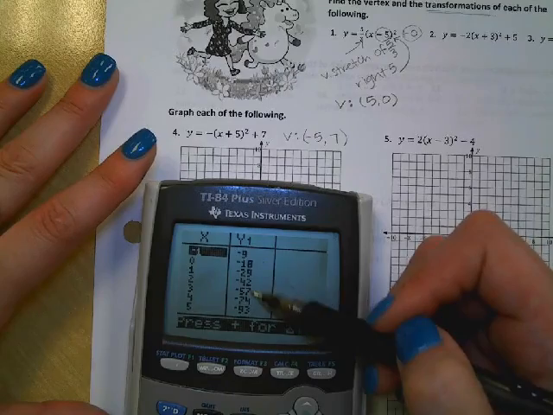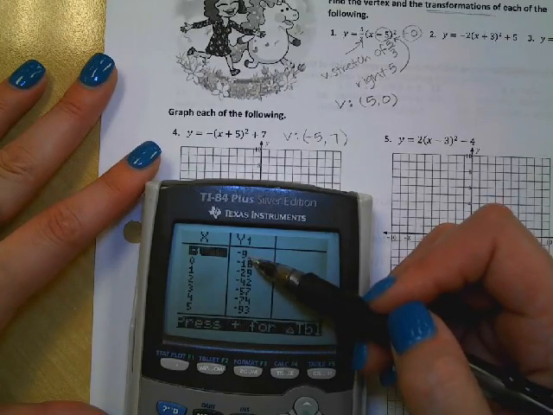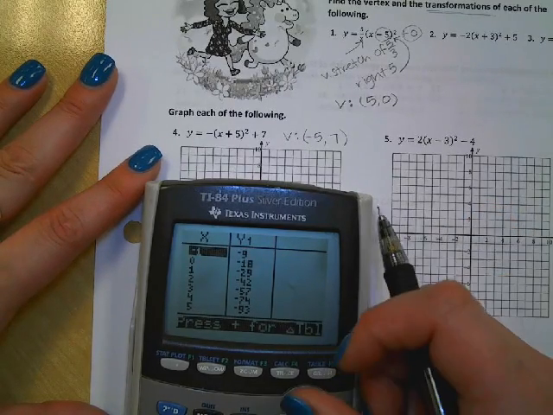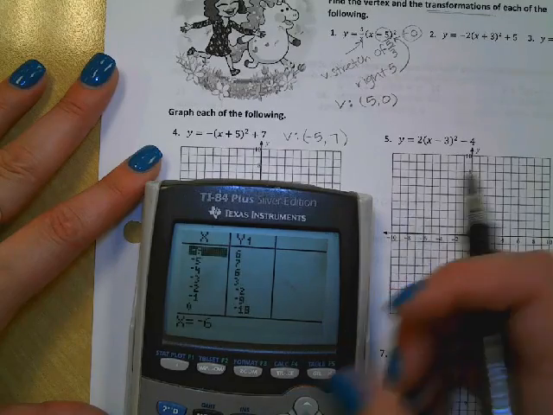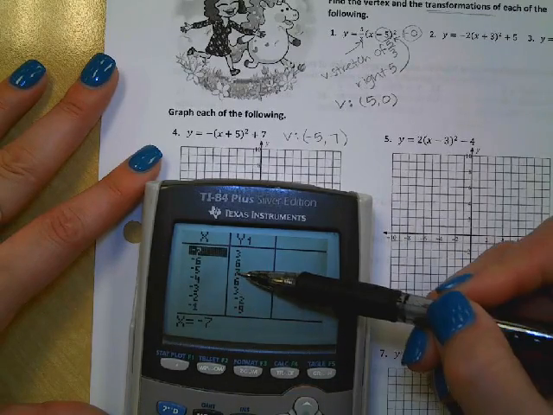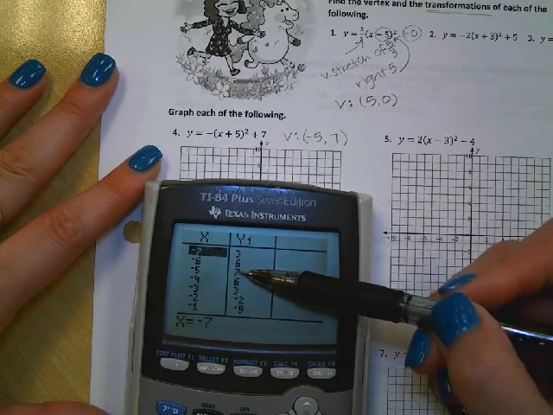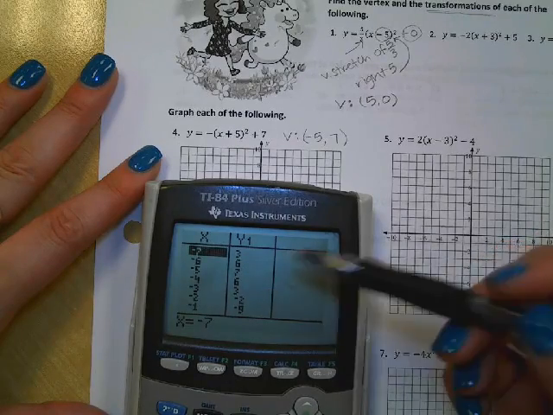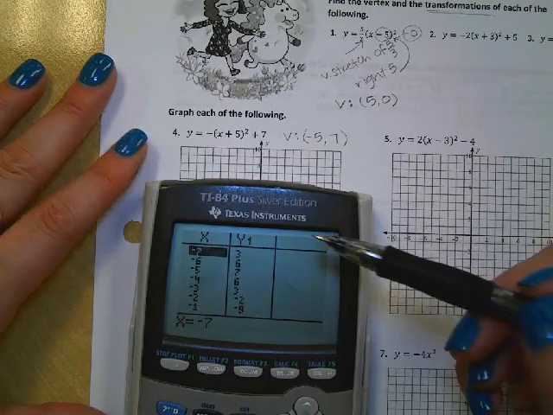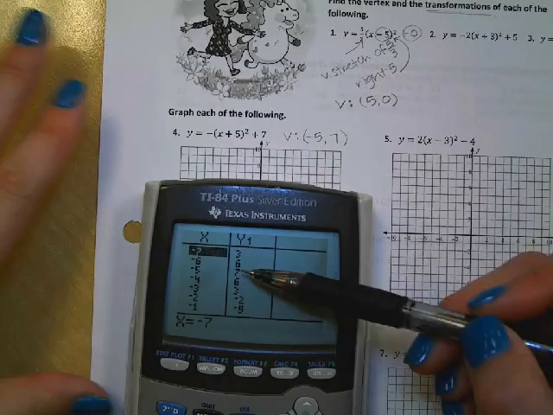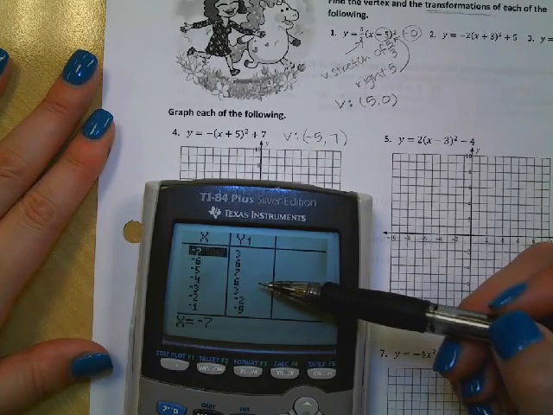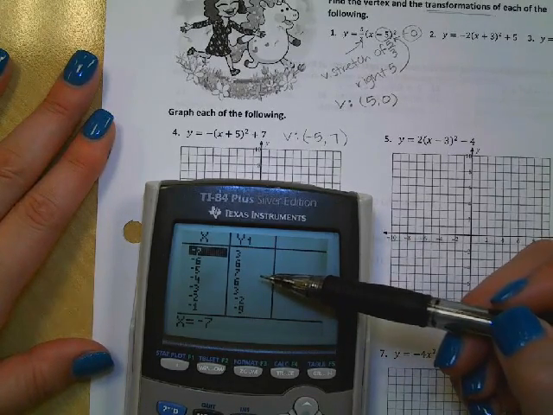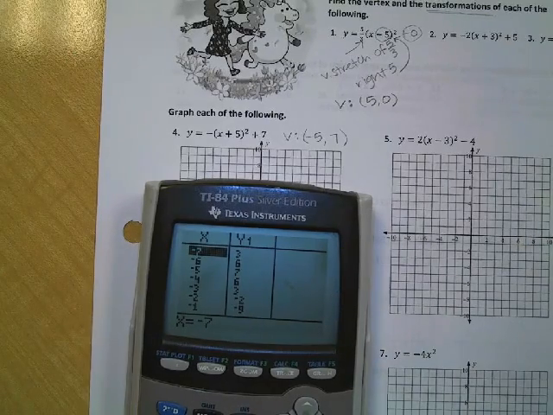I'm finding all these really terrible values to graph that are way too small, way too negative. But if I go back and look at -5, then I can see this is the middle, and I can see the symmetry on either side. It makes it easier to graph. So it's going to be good for you to find your vertex first because it shows you where to look on the table. Okay? All right, any questions before you guys get started?